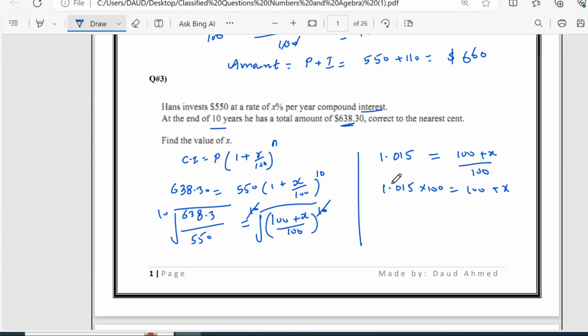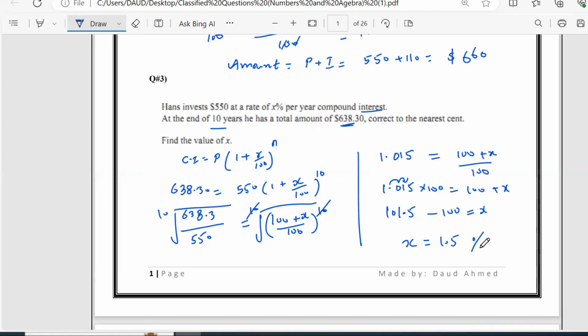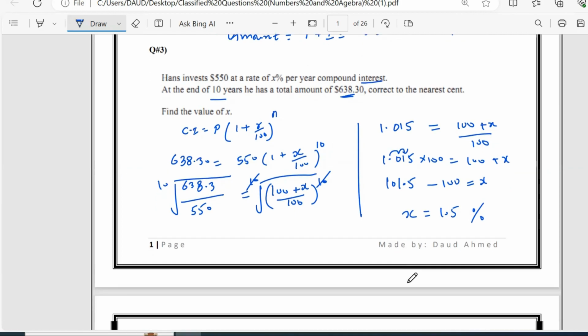After multiplying by 100, the point will move two places right, so 101.5, and we can take this 100 from right to left, so x equals 101.5 minus 100, that gives me 1.5. So our rate is 1.5%. I hope you get it.